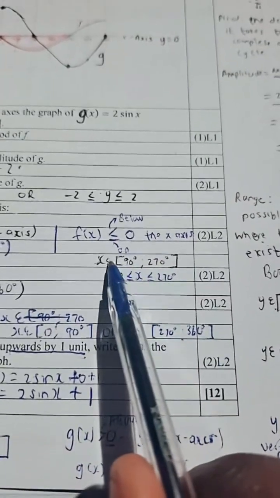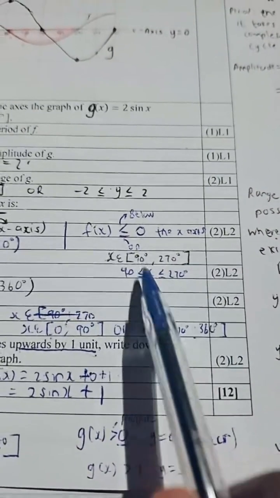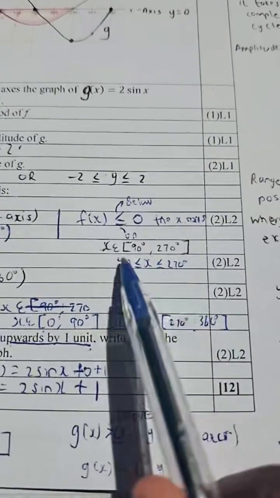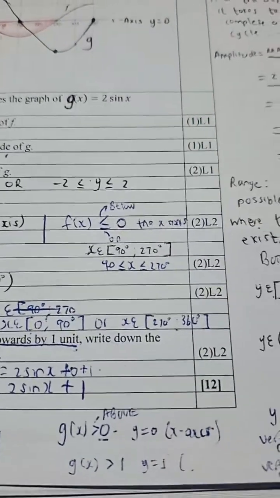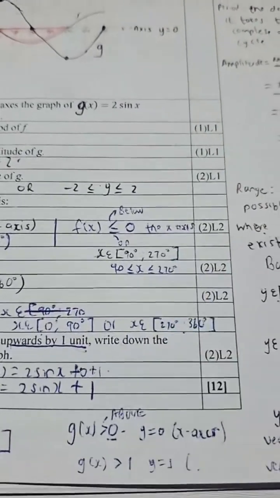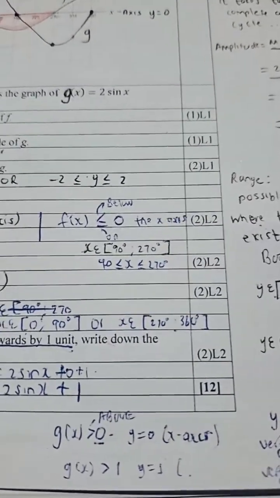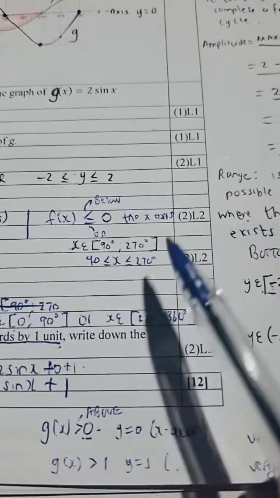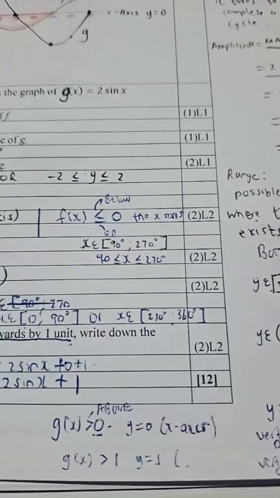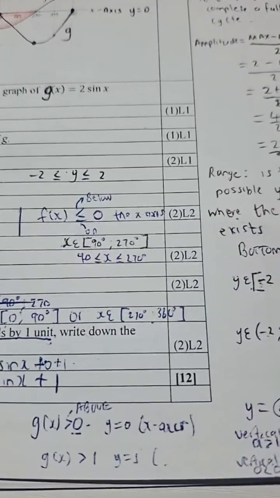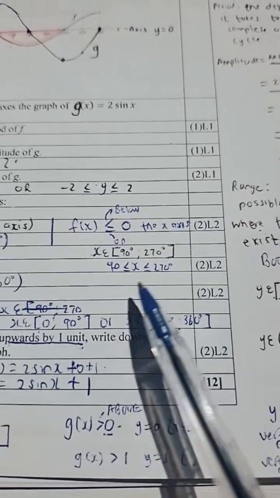You can either write your answer in interval notation, or you can write it in inequality form. Now, I usually say to my learners that you need to decide which way seems to be more appropriate for you, and then you need to stick to that and consistently write your answers in that way. Okay. So I hope that's fine.